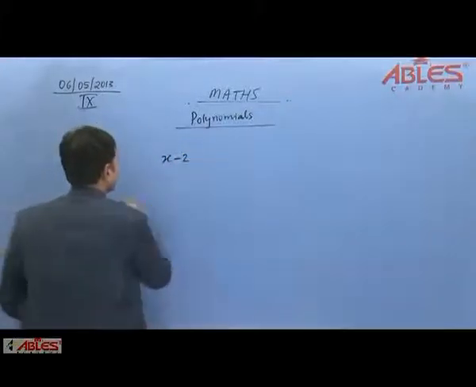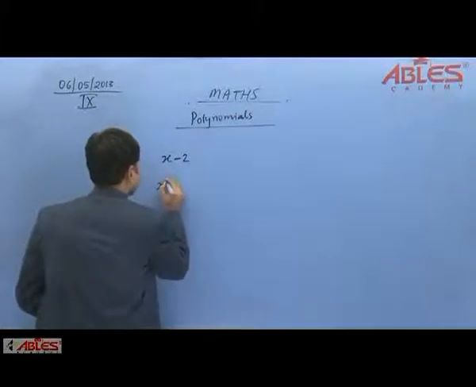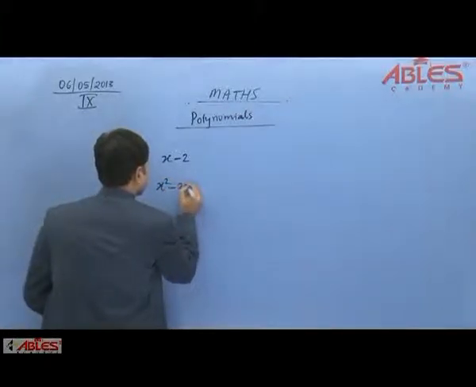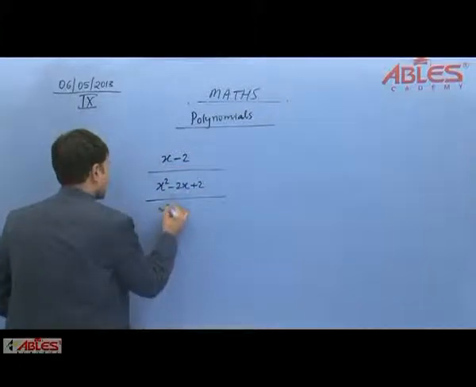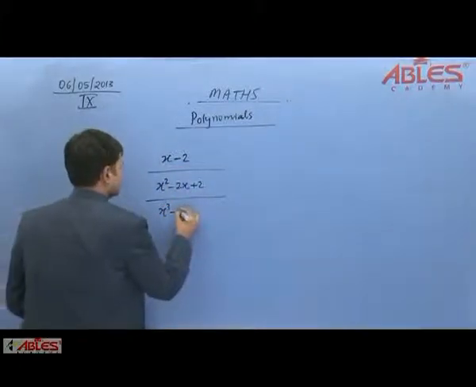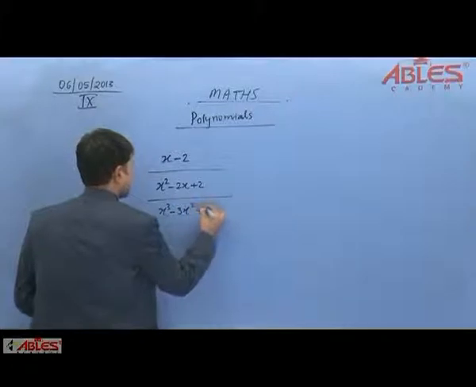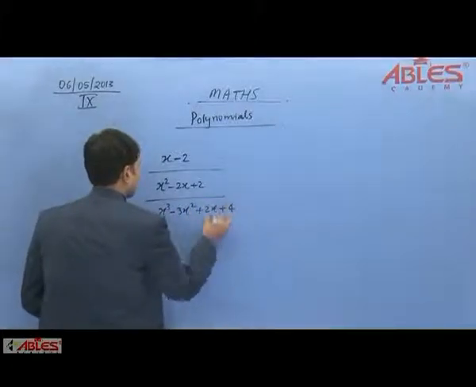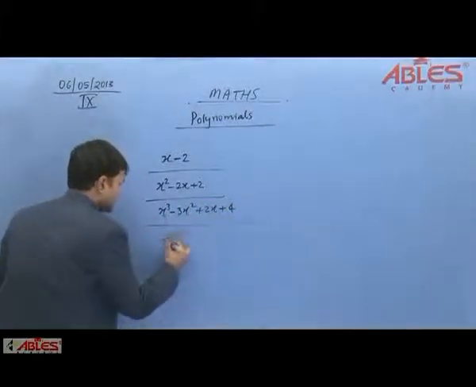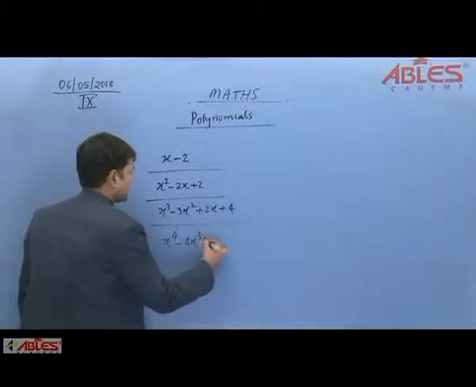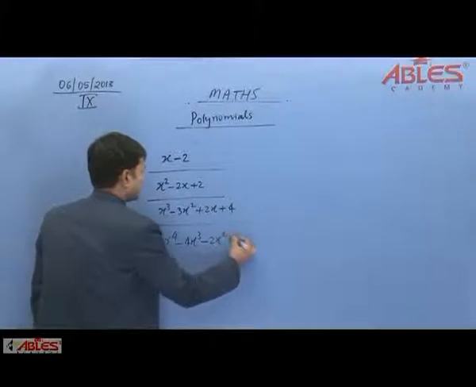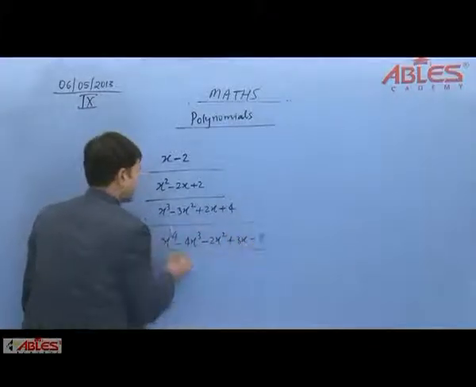The next is x square minus 2x plus 2. The next is x cube minus 3x square plus 2x plus 4. The next is x power 4 minus 4x cube minus 2x square plus 3x minus 5.